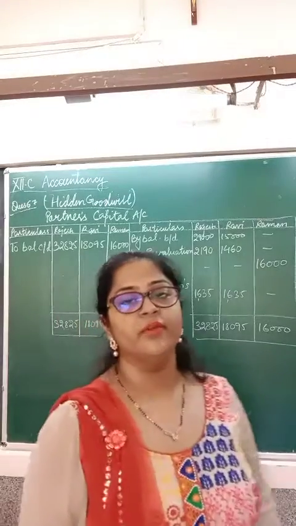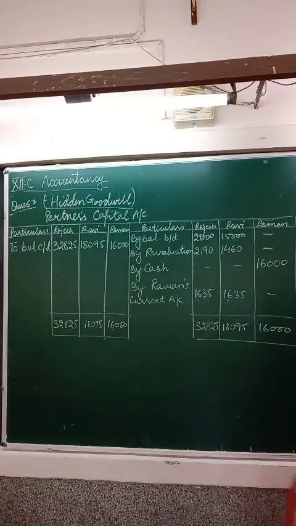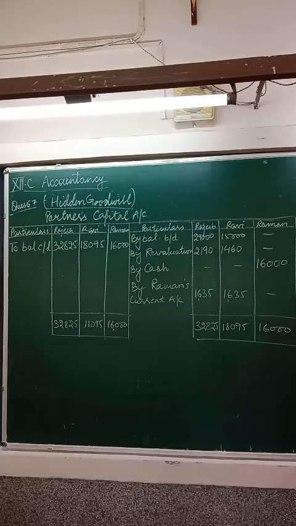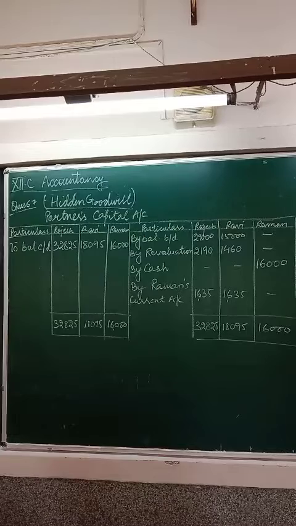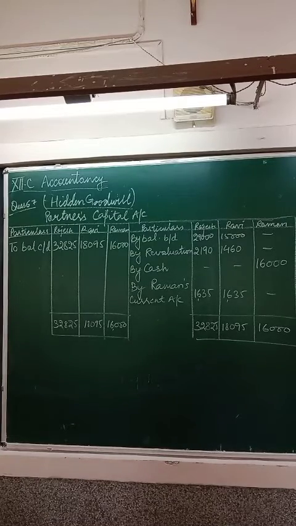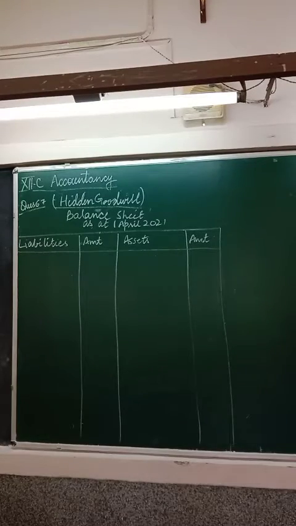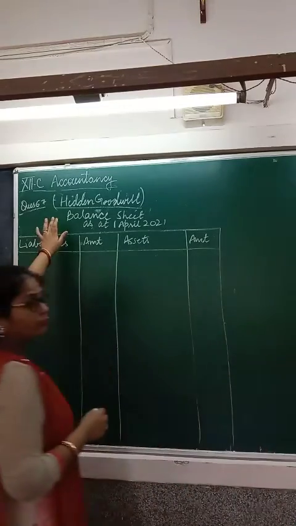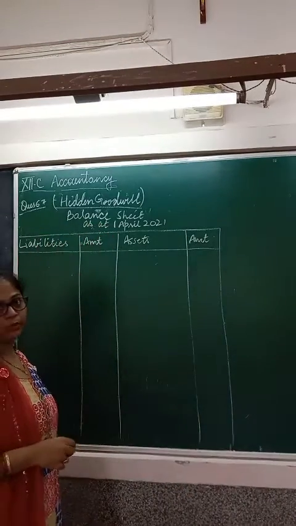Copy this down, then we will move towards the balance sheet. So let us now make the balance sheet. It is the balance sheet of the new firm as at 1st April 2021.